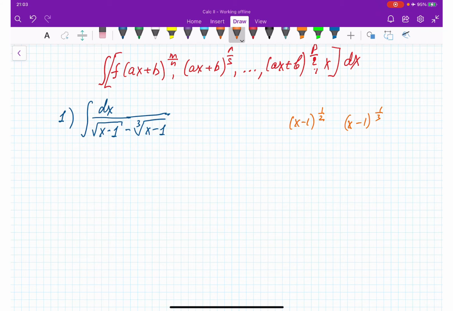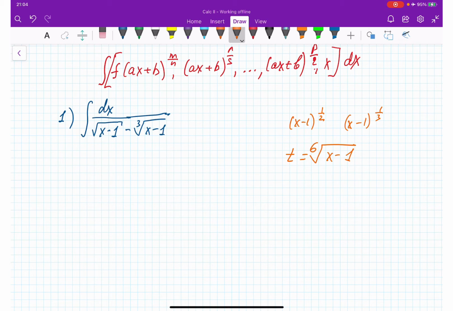So I need to find a substitution that will cover both 1/2 and 1/3. That's going to be degree 6, right? For 2 and 3, it's going to be 6. So I'm going to accept a substitution t equal to the radical of degree 6 of x minus 1.